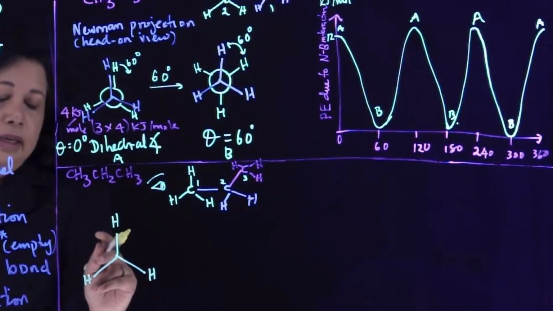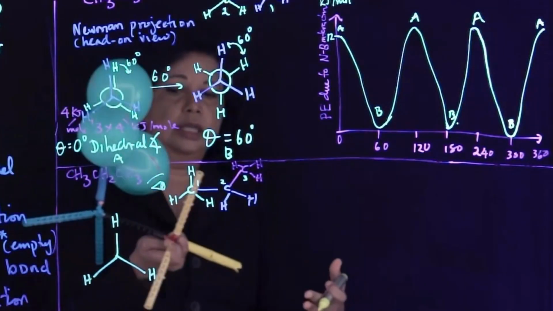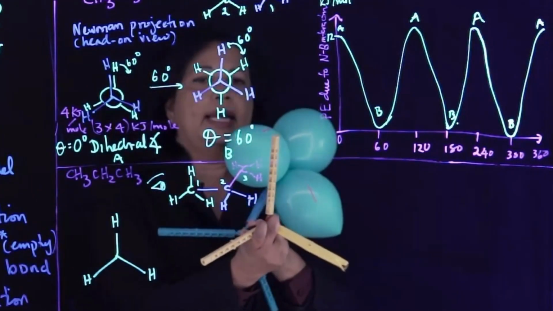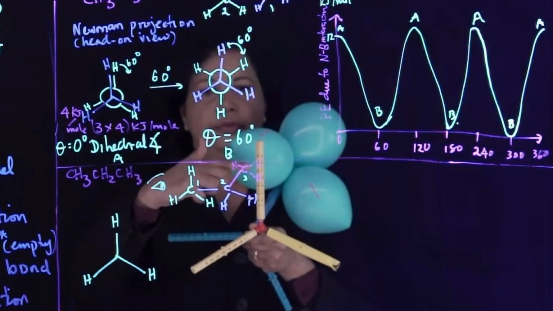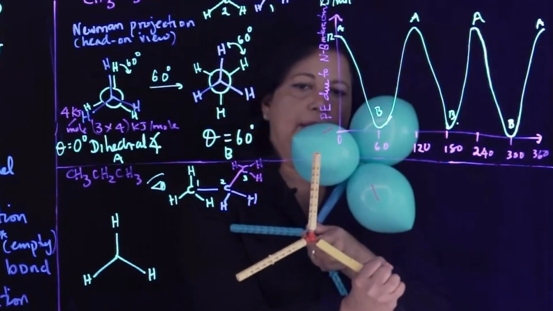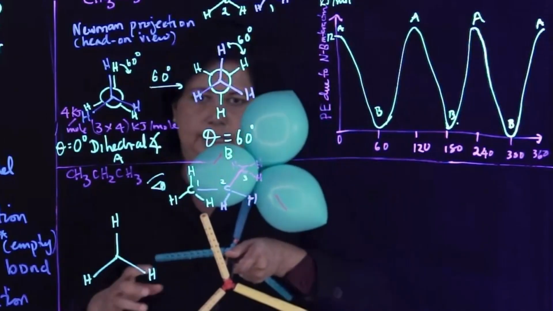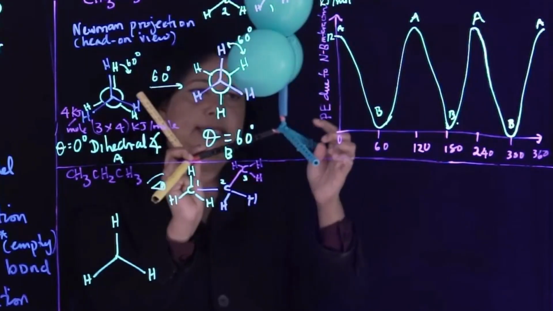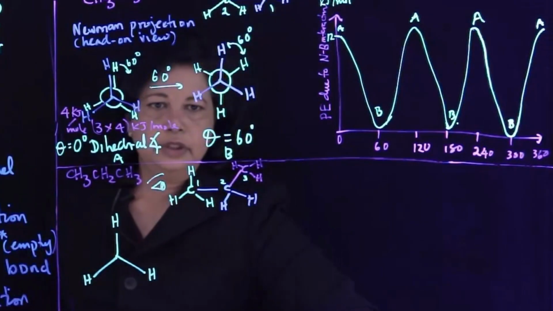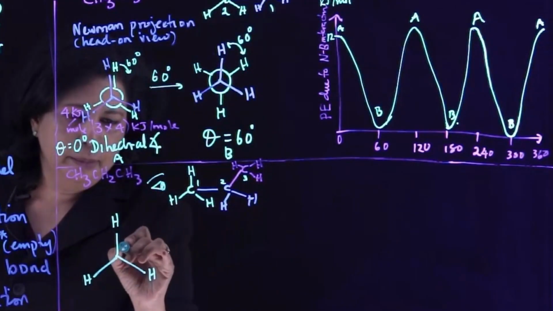Now these are 109.5. We didn't suddenly squish these hydrogens to 120, but when you look at it head on, you cannot see the difference. You can only see like a Mercedes-Benz symbol, right? So that's 120 degrees. And the back carbon, this is going to be your circle. So that's your circle carbon, the carbon number 2.